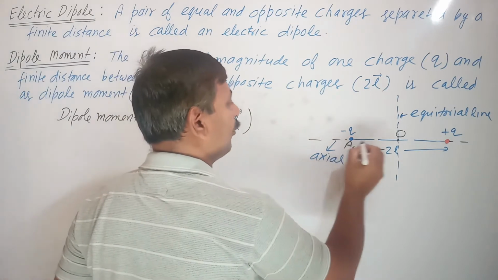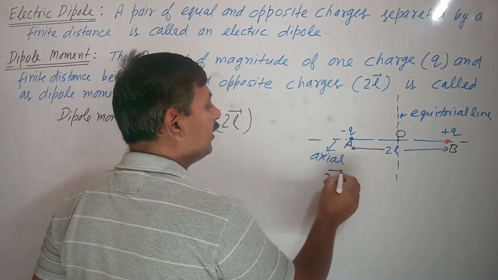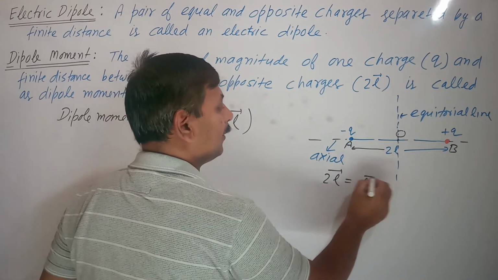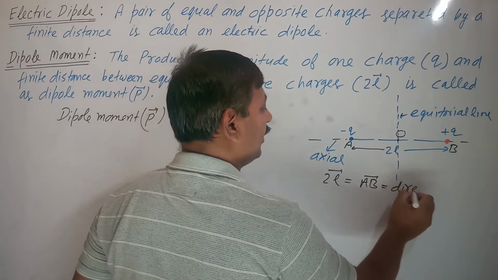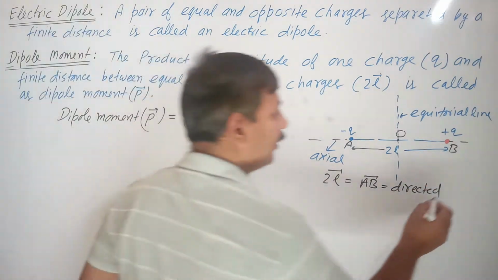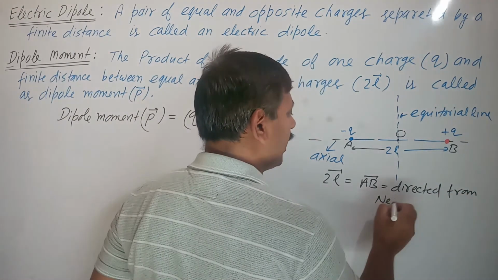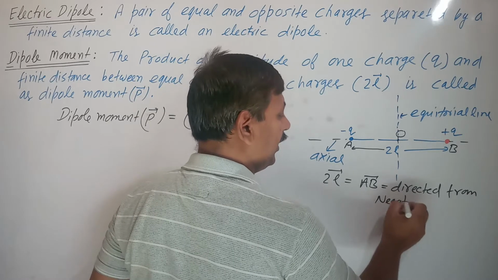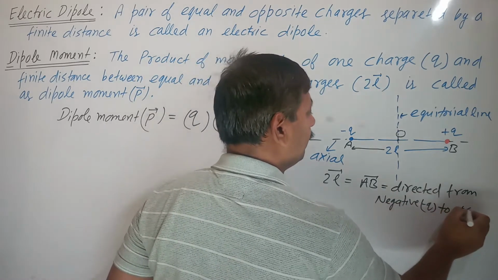Suppose this is point A and this is point B. So 2l means vector AB, directed from the negative charge to the positive charge.